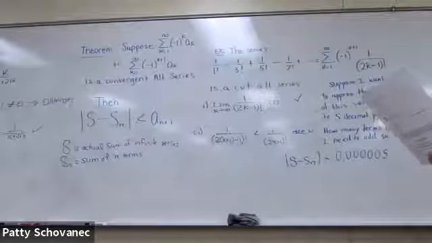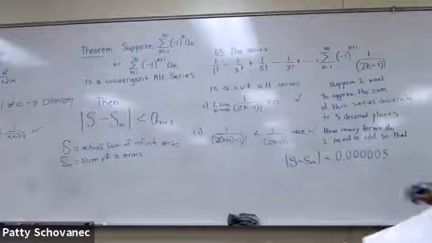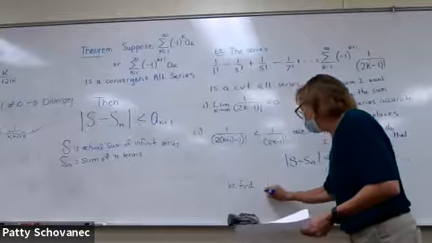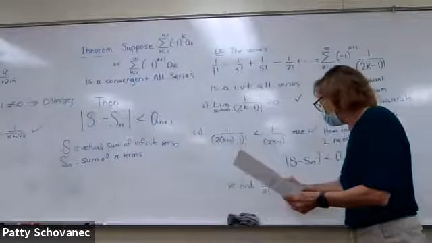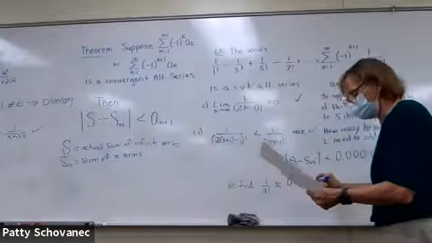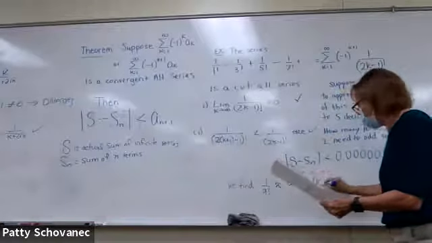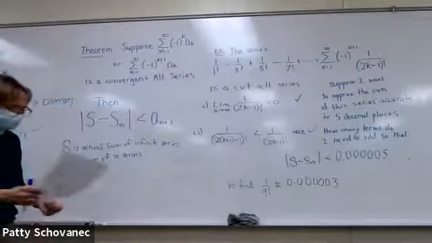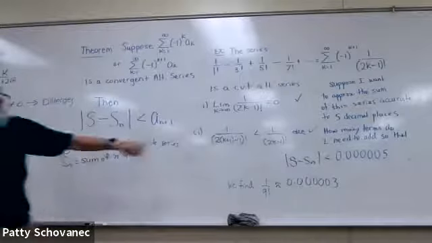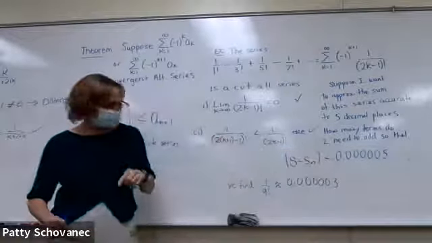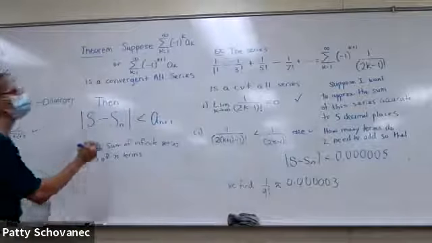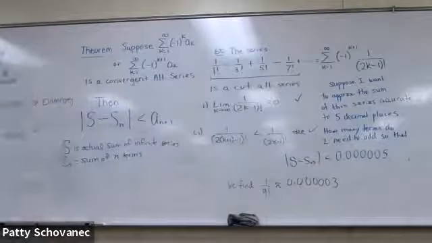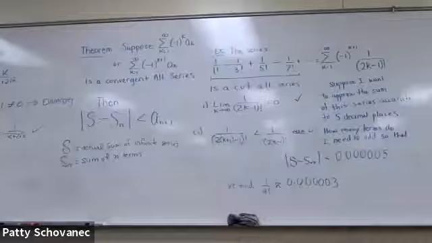And I find that 1 over 9 factorial looks like 0.1, 2, 3, 4, 5, and then a 3 right here, where 1 over 4 factorial has things in these decimal places. So that means if I just add these up right here, I'm within the required tolerance.